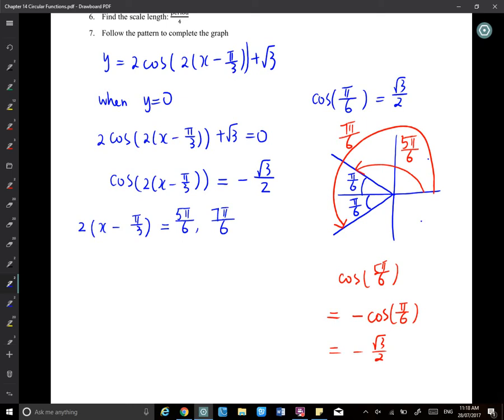I'll divide the 2 to that side. So x minus pi on 3 equals, I'll make a denominator of 12 because the right hand side obviously won't become a 12 denominator, so that is 5 pi on 12 and 7 pi on 12.